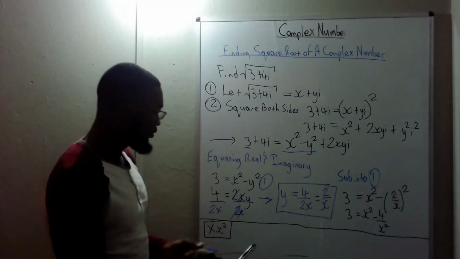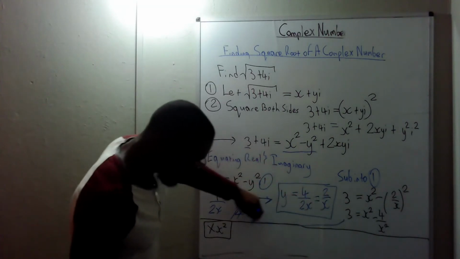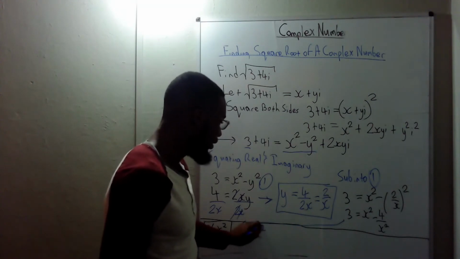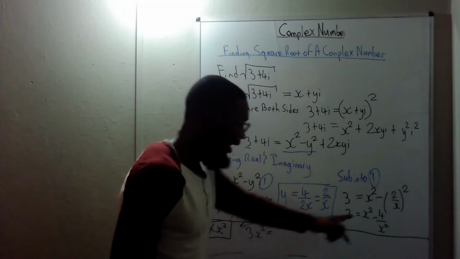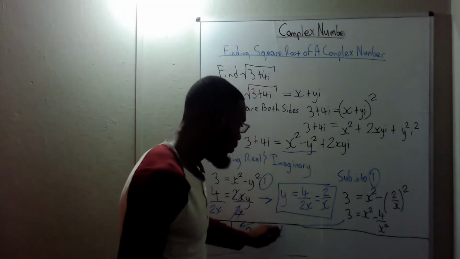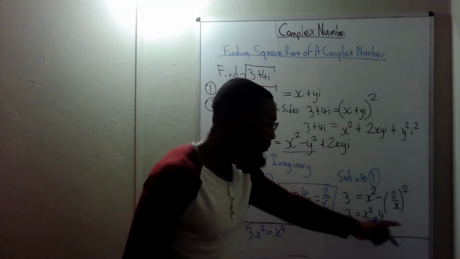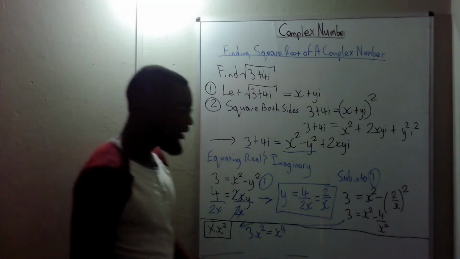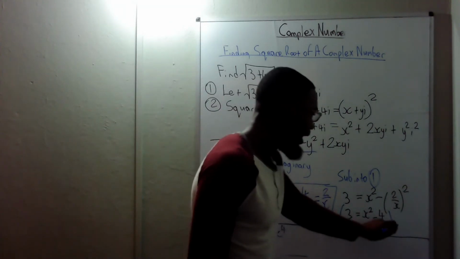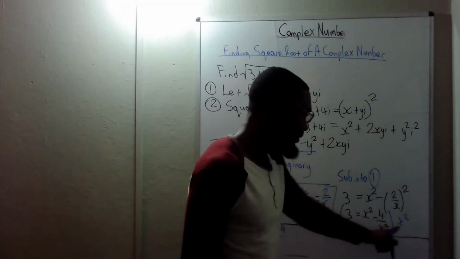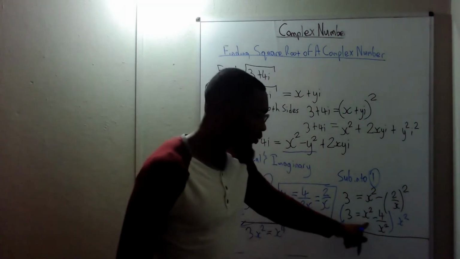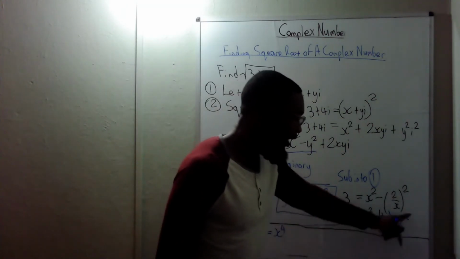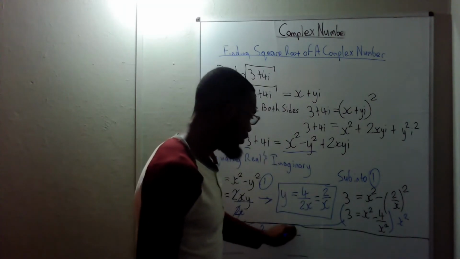When you multiply through by x squared, we get 3x squared on the left. On the right, x squared times x squared is x to the 4, and x squared times 4 over x squared, the x squared cancels, so just minus 4.